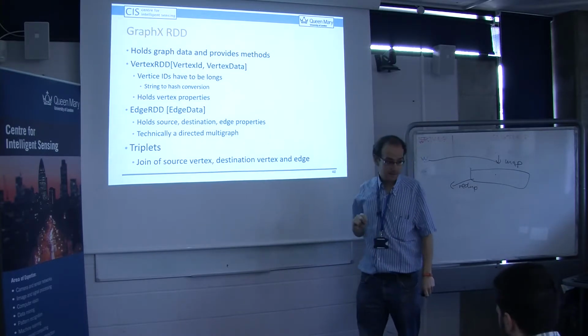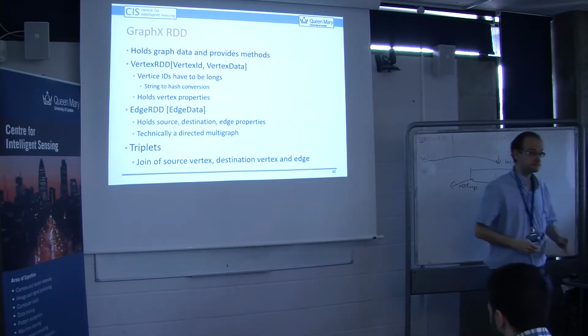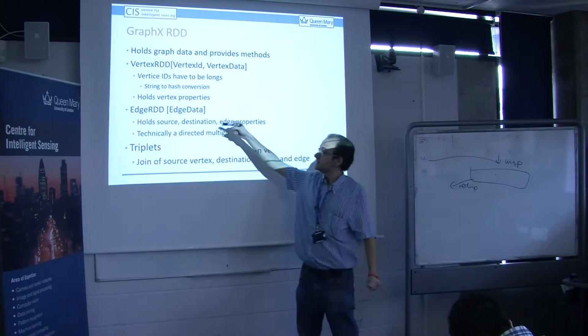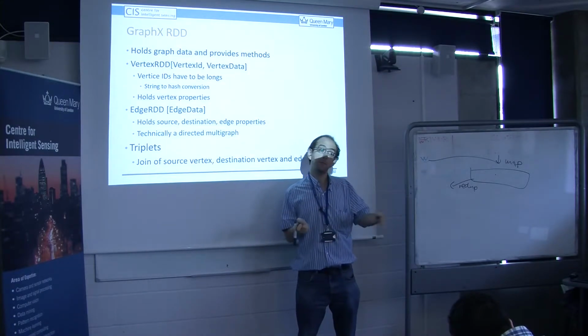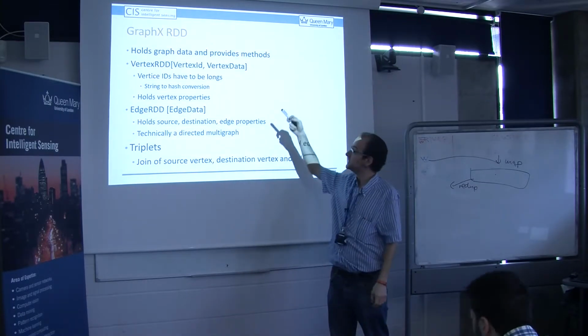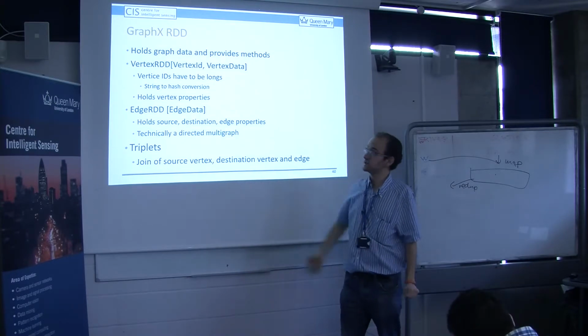Keep in mind here that both the vertex RDD and the edge RDD are again Spark lists, Spark elements, and the only information we have here is the one that is explicitly mentioned here.